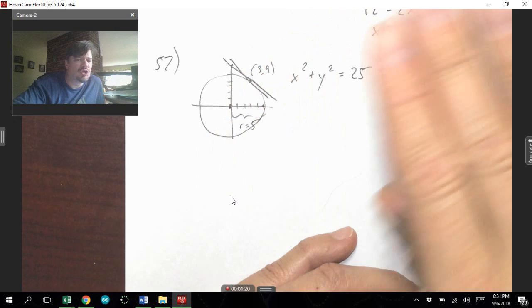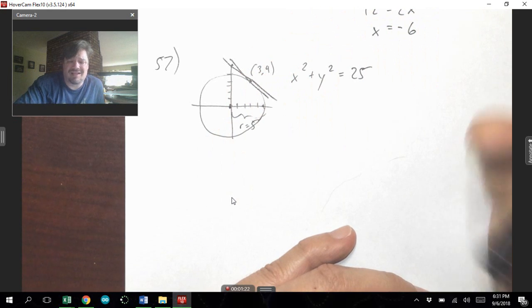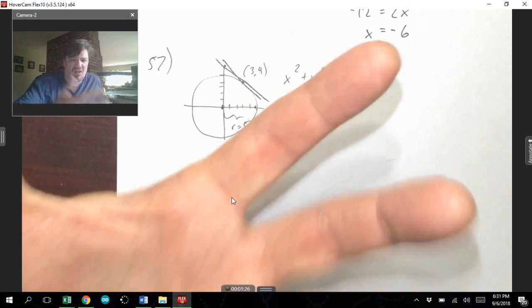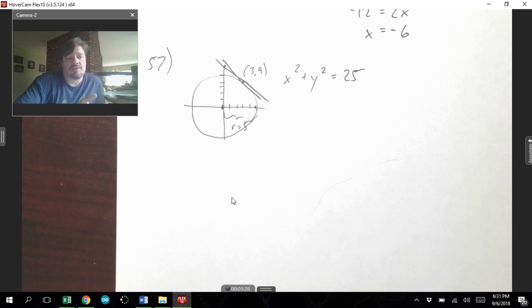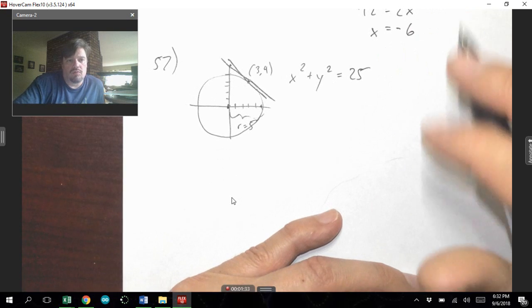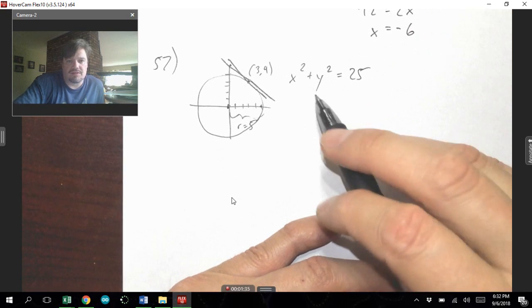And it's a huge component to this class. Tangent lines, we're going to be doing tangent lines for just months, or it'll always be kind of as an idea. And there's a physical reason for that that we'll explore once we get deeper into the semester.